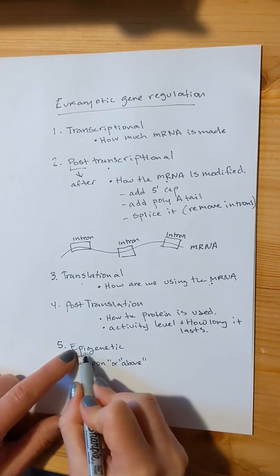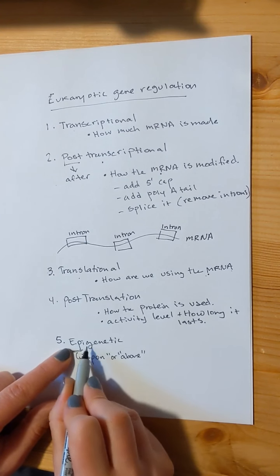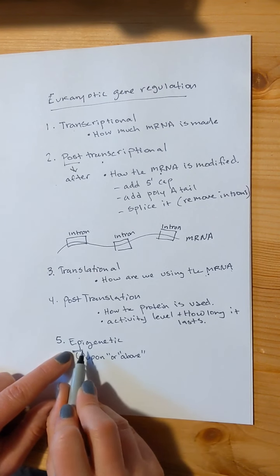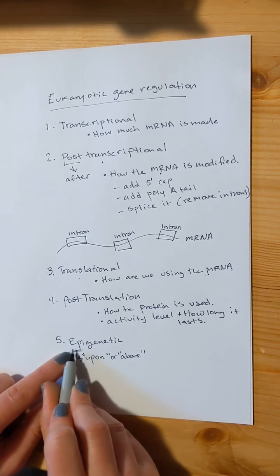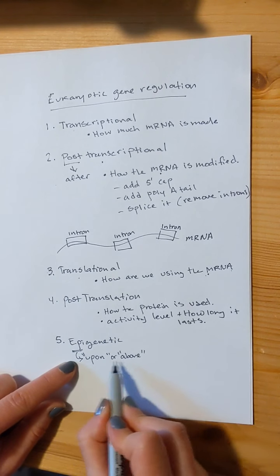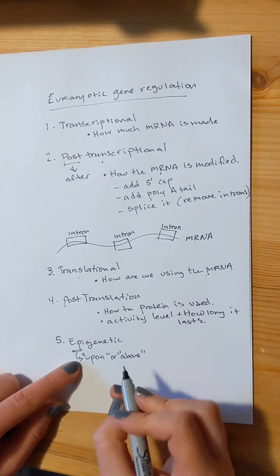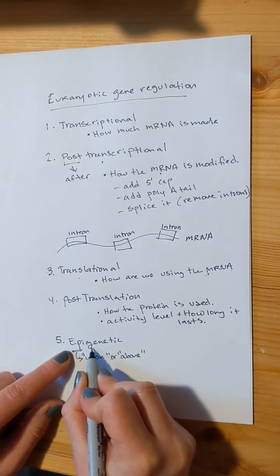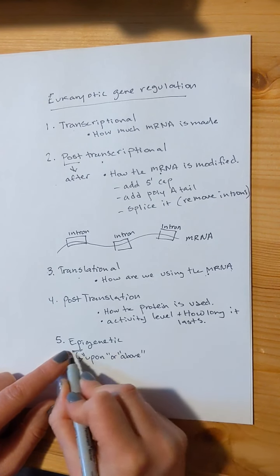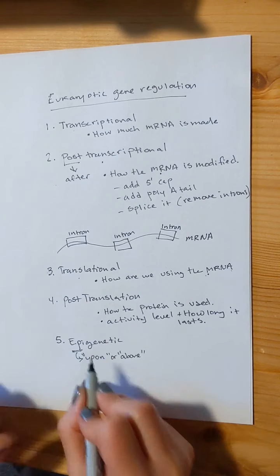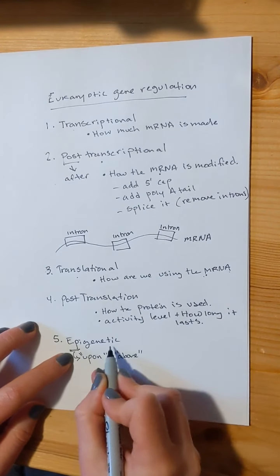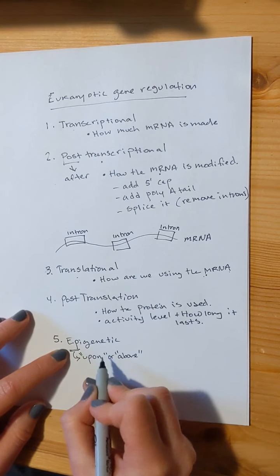If you want another use of epi, an epiphyte is a plant that lives on another plant, like mosses live on trees or ferns live on branches. So epi means upon or above. So an epigenetic gene regulation is going to be regulation of your genes without changing your genome, which is cool. We haven't changed our genome in any of these situations, but these are often environmental factors.